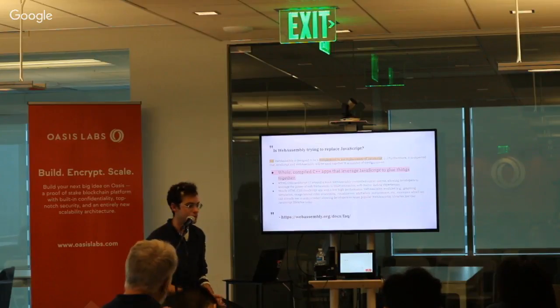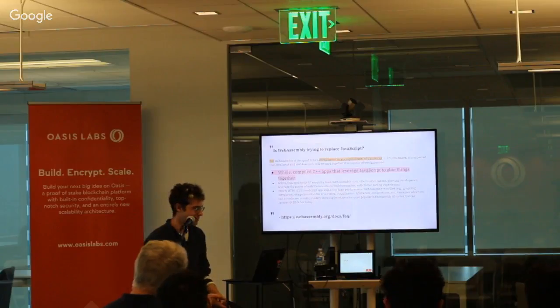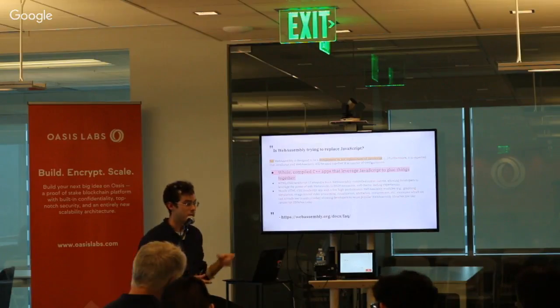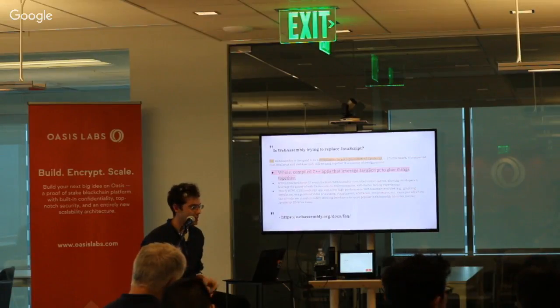This is when you see things like Doom or Windows XP or, I'm sure, Photoshop, those heavy applications. There's still some JavaScript at the edges, but you basically have almost everything in C++ that doesn't even really know it's in a browser. So that's one way you can combine them.